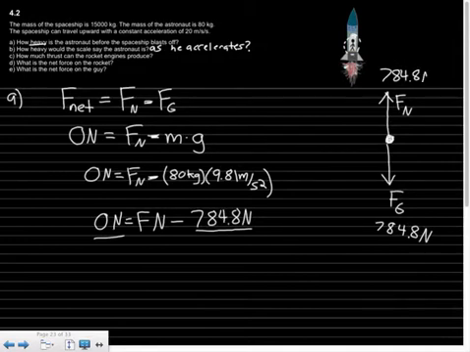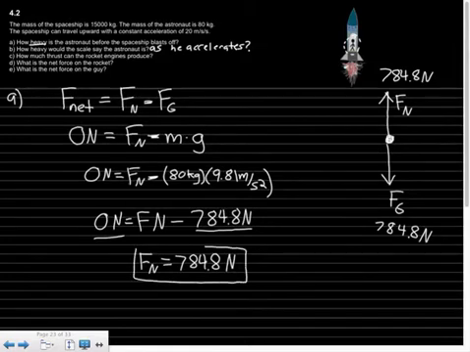Therefore, the normal force is equal to 784.8 newtons. And the scale then will read 784.8 newtons, because the normal force is the scale pushing the guy. Any questions on that problem? Part A, you're just finding the normal force on the guy, the weight of the guy.